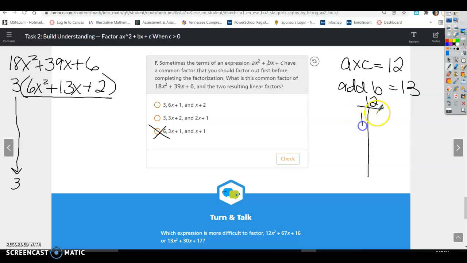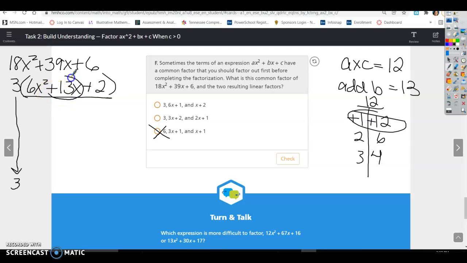I've got 1 and 12, 2 and 6, and 3 and 4. All of those multiply to give me 12. What also adds to give me 13? This gives me 8, this gives me 7, so 1 and 12 are the only ones that give me 13. Because these signs are both positive, I know this is positive 1 and positive 12.